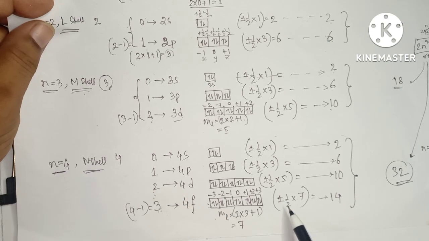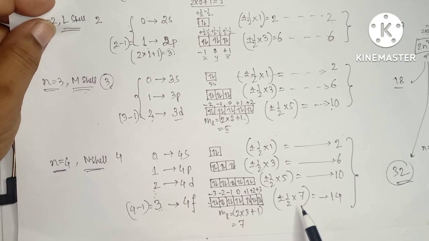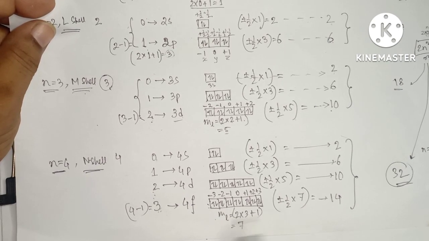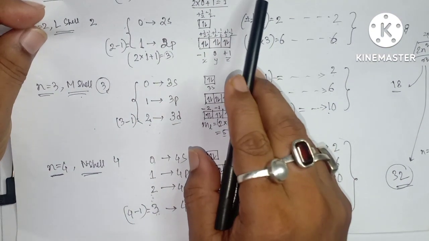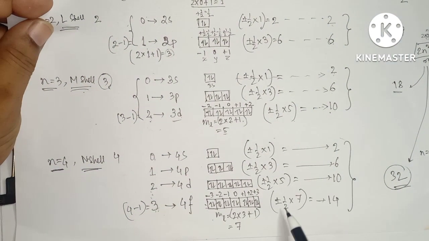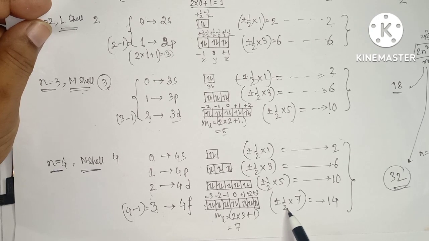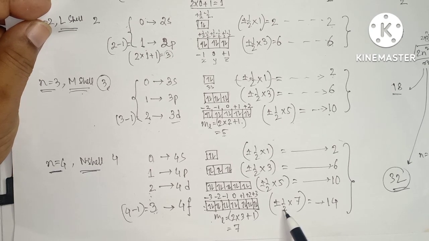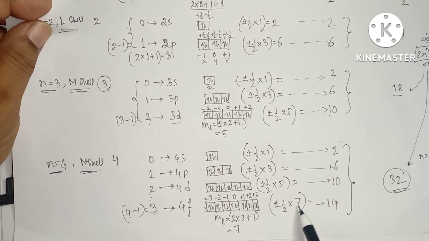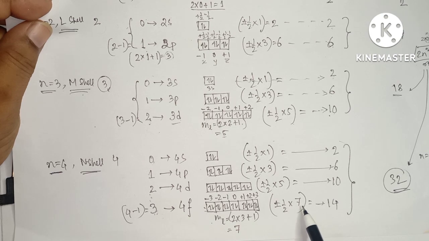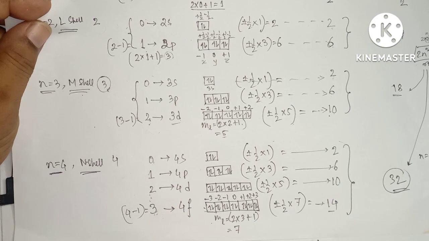So we can find the maximum number of electrons present in the 4f orbital with the help of the magnetic spin quantum number. Plus half, minus half, like this, electrons can be filled in the 4f orbital, the 7 rooms. So plus minus half into 7, that means 14 electrons.